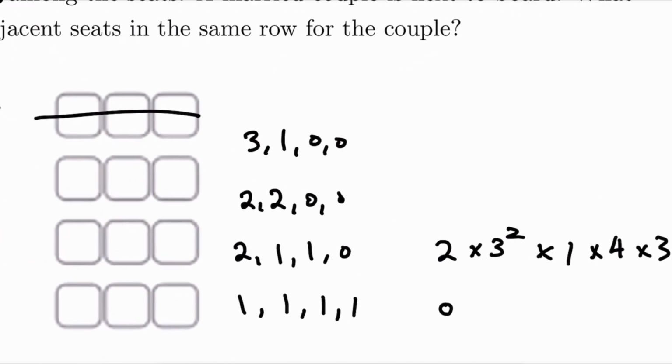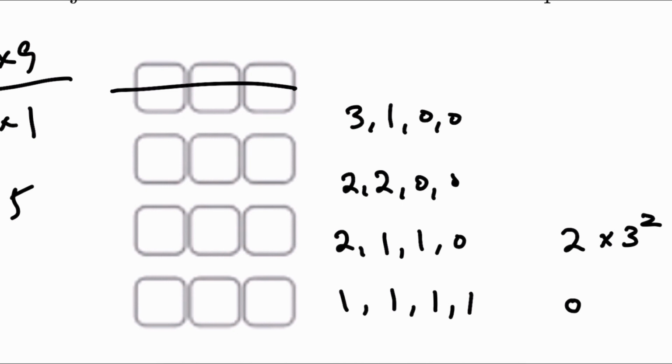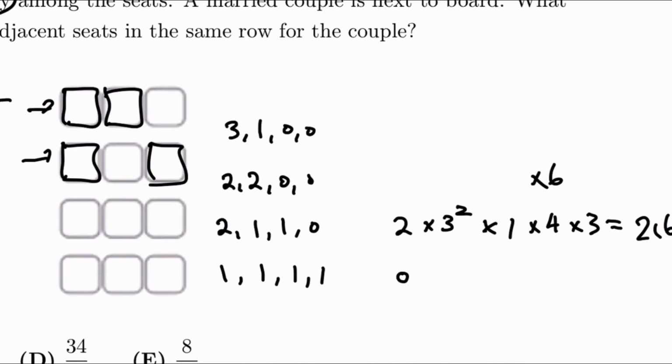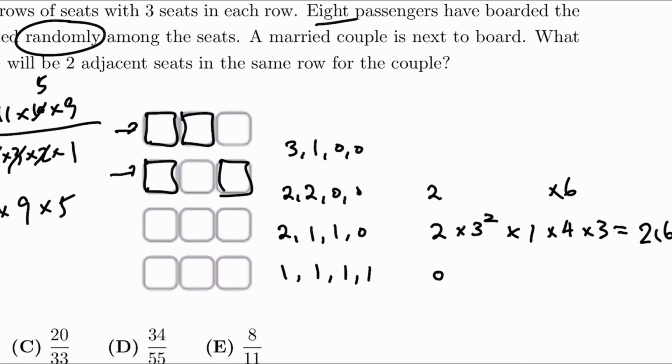And if we have 2, 2, then think about it. First of all, let's take care of choosing the rows first. So choose 2 rows, that's 4 choose 2, or 6 different methods to choose 2 rows to have 2 seats. And in those 2 rows, we could have exactly one row that has 2 consecutive seats. That is 2 different choices because one of the rows has to be consecutive and the other row has to be not consecutive.